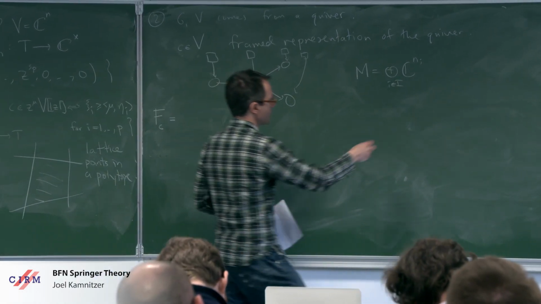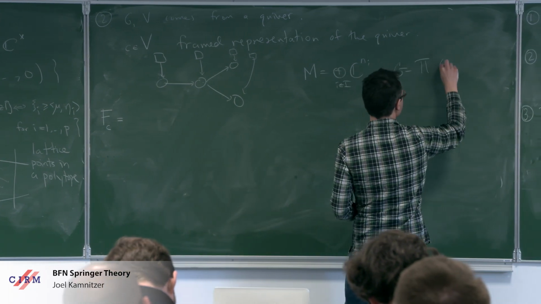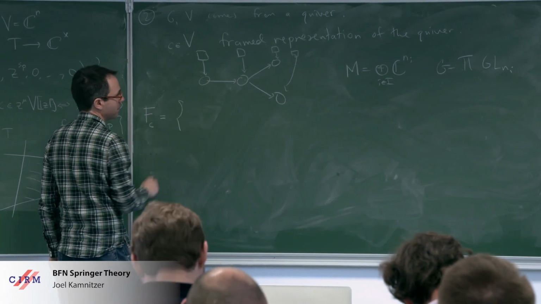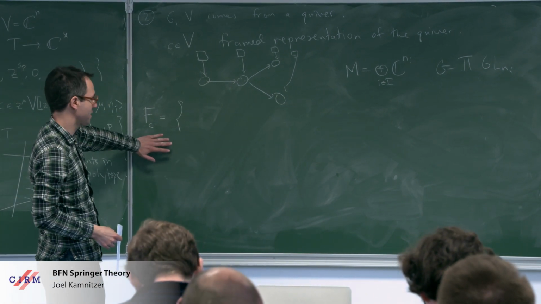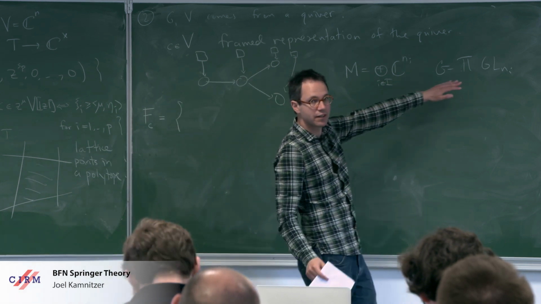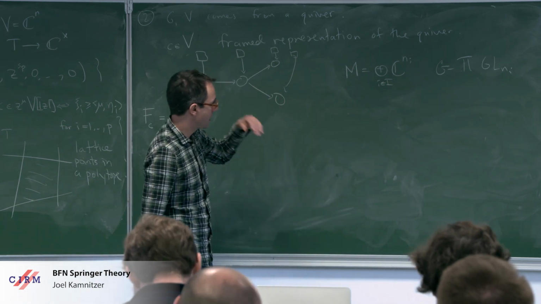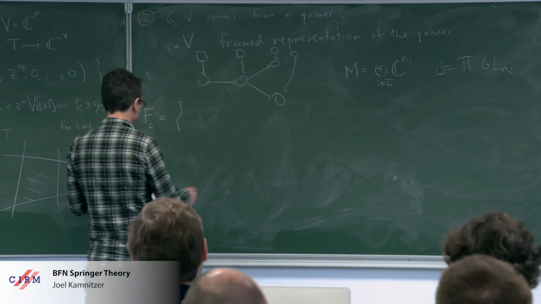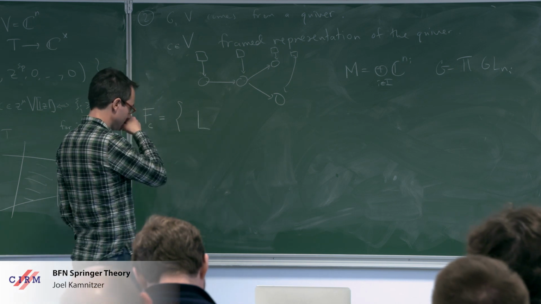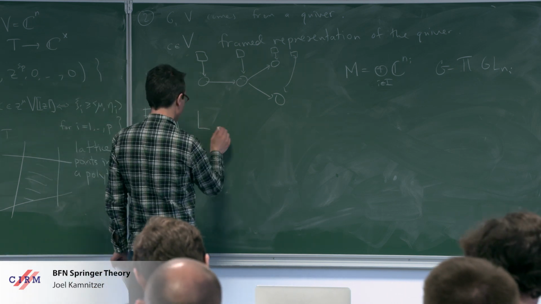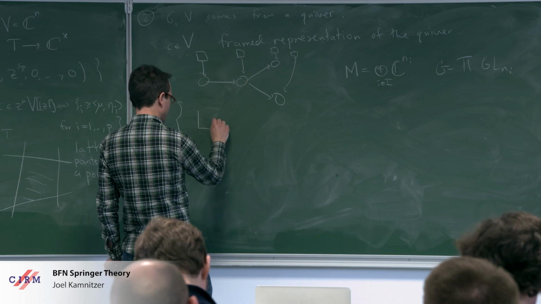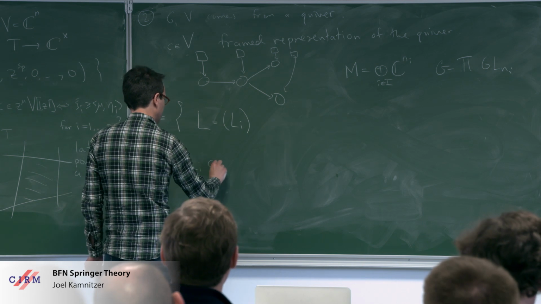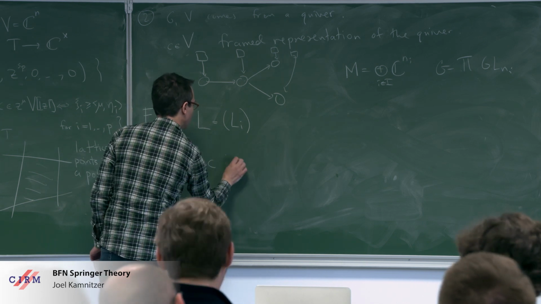So my gauge group is G, the product of GL_{n_i}. FC is a subvariety of the affine Grassmannian of this group G. Therefore, it can be considered as lattices in k to the n_i for each i, so a priori it's a collection of lattices L_i in Laurent series.